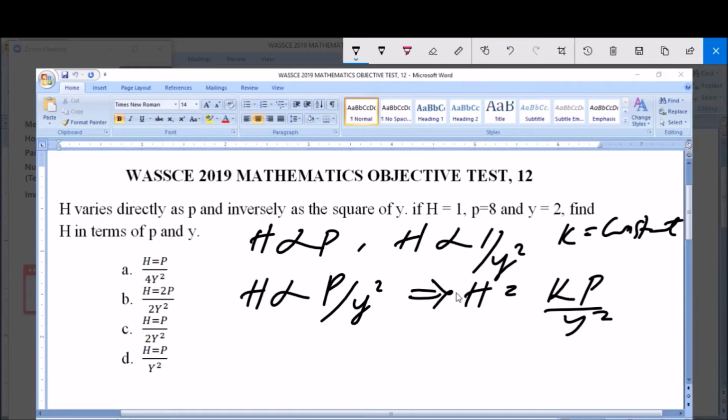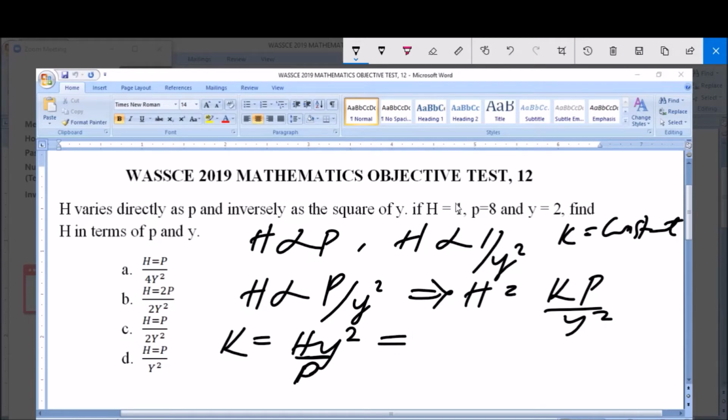So now our k, the constant, will be equal to what? hy squared divided by p. If you change the subject of the formula, you have hy squared divided by p.